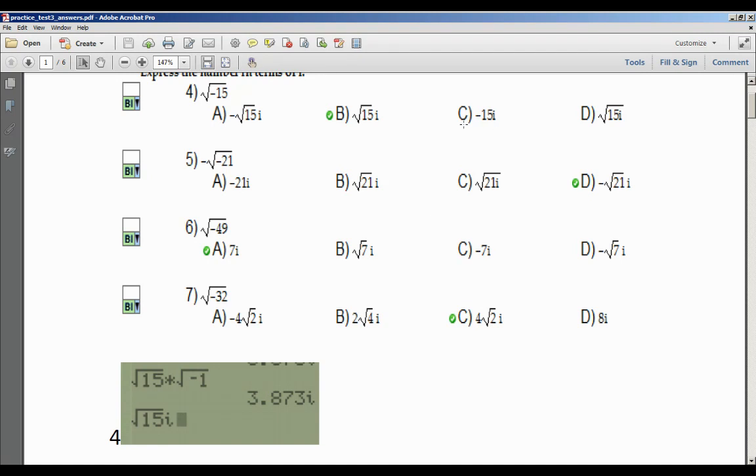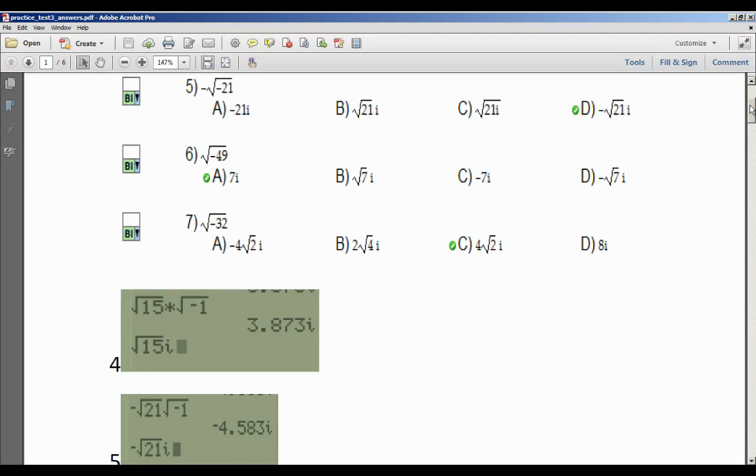Well, letter C and letter A are both negative, so I know it can't be those two. And then i is never contained under the radical sign, it's always outside. So, it's one way of looking at it. Or simply say, hey, square root of 15 times the square root of negative 1, square root of negative 1 is the letter i. So that's what we've got, letter B.